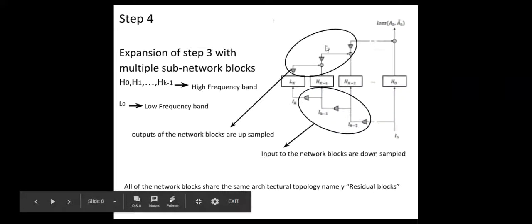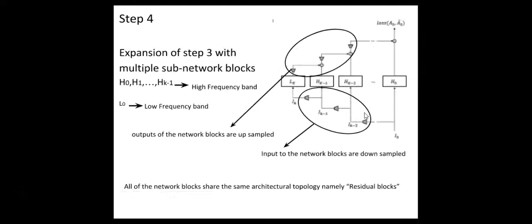Our final extended model looks like this, for which we have introduced multiple sub-network blocks H0 to Hk-1 for the high frequency bands and one block Lk for the low frequency. So this is in analogy to the Laplacian pyramid decomposition structure.